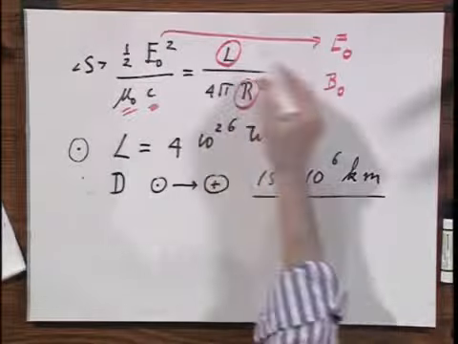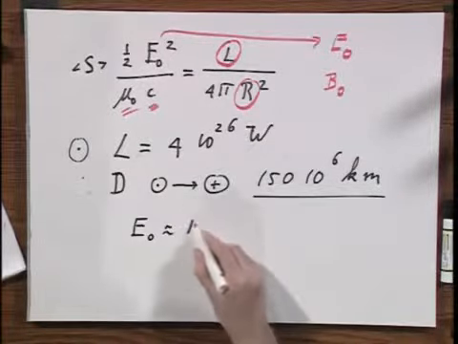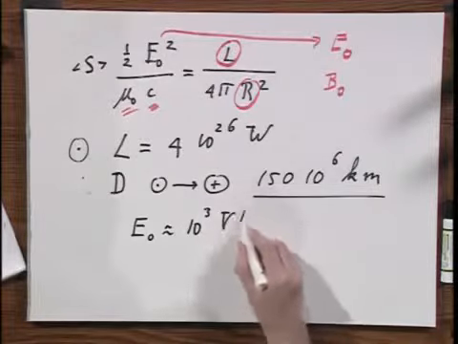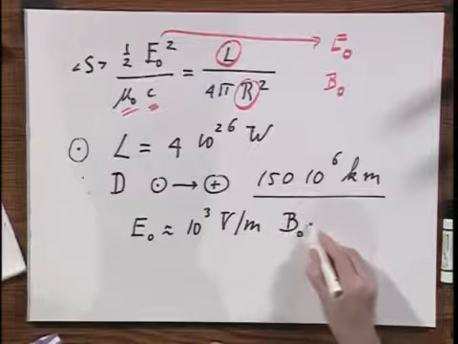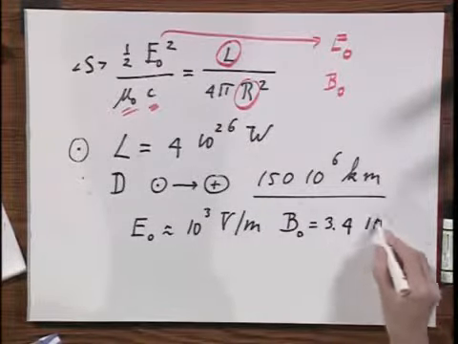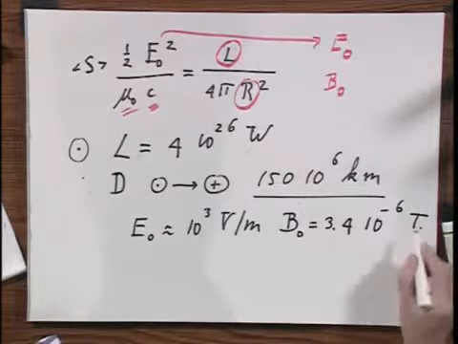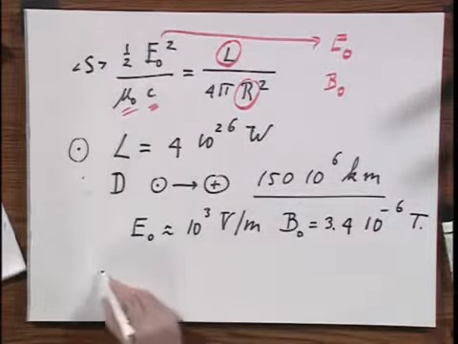When you apply the above, you will find that E0 is about 1,000 volts per meter at the distance of the Earth, and that B0 seems significantly small, 3.4 times 10 to the minus 6 tesla. The reason being that you have to divide this by c.